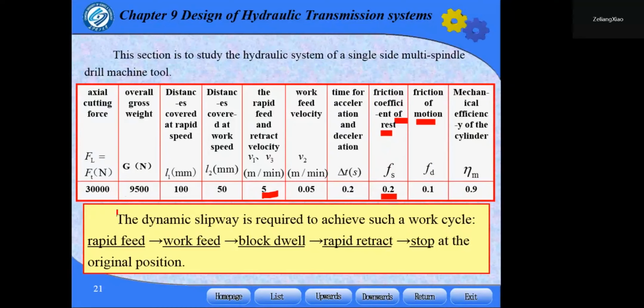So the dynamic slip weight is required to achieve such a working cycle. Because it's rapid feed, startup, working feed, unloading, and rapid retraction, and the last one is stop at the original position.